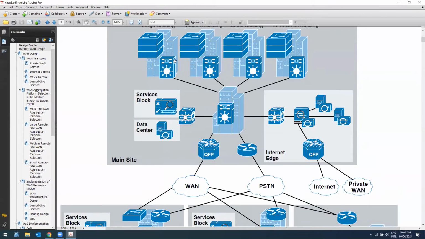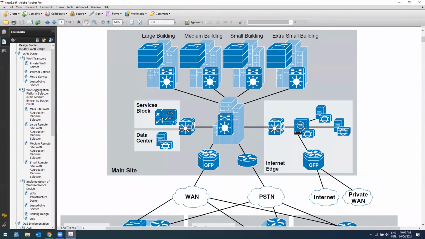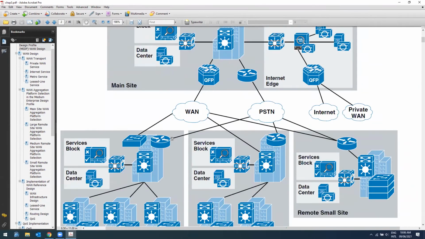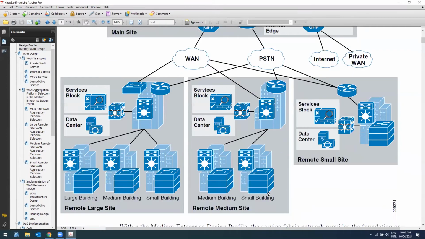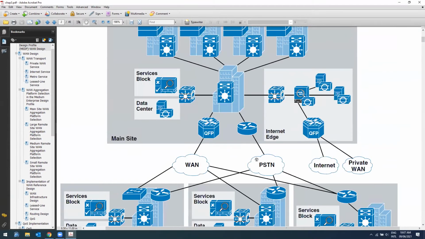You can see you have the large building, medium building, small building, extra large, extra small building, your service block, your data center, your UCS, okay, and then your internet edge coming down to your other various remote sites. So all this becomes your big WAN.